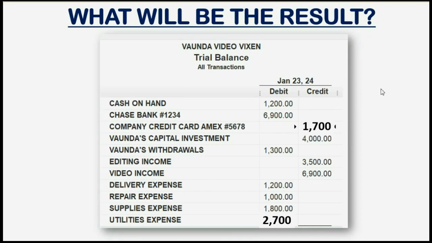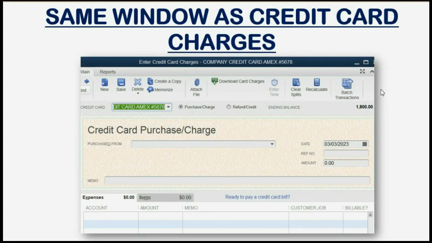But before we go to record it, let's think about how to record it in which window. You will still use the Enter Credit Card Charges for credits back and refunds.